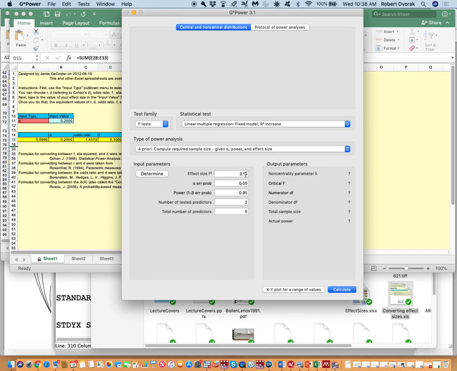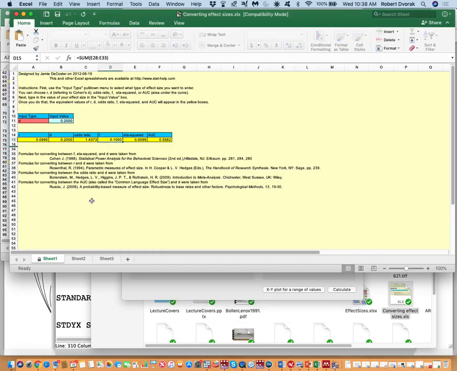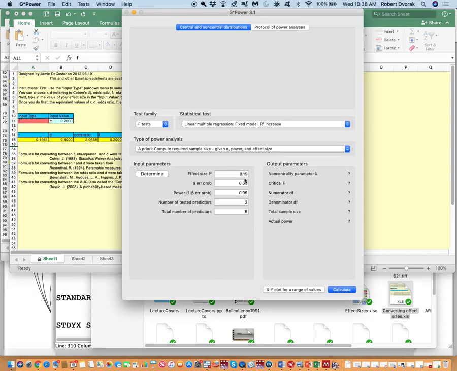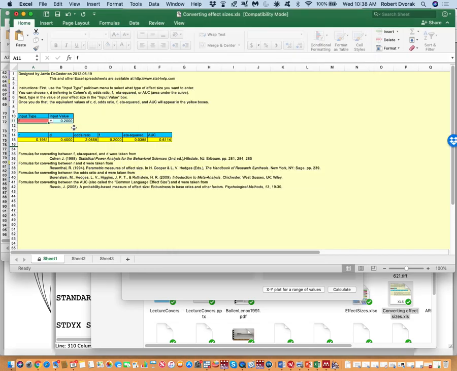We will go with, so this is Cohen's f. So if we put in a value of d of 0.2, actually let's change this to f of, and this is an f of 0.15, but that's an f squared. It's not actual f. So if we were to square this, it would be 0.04.